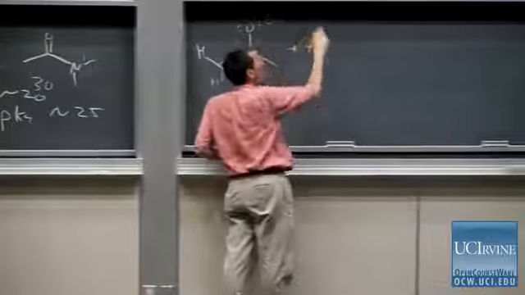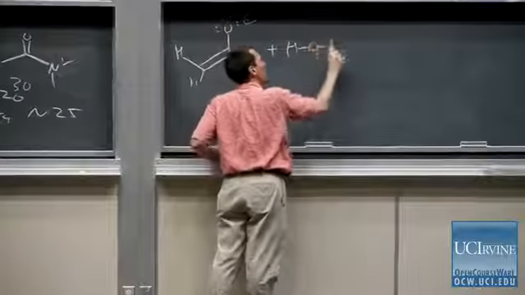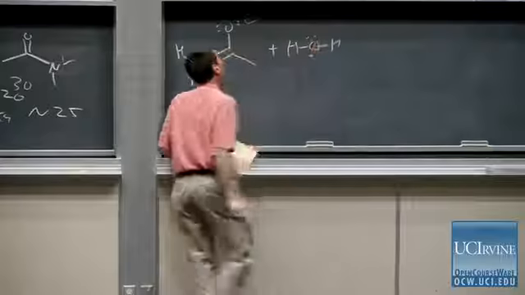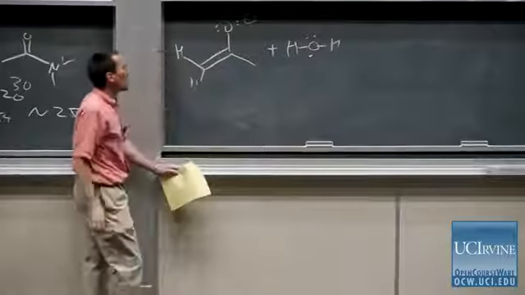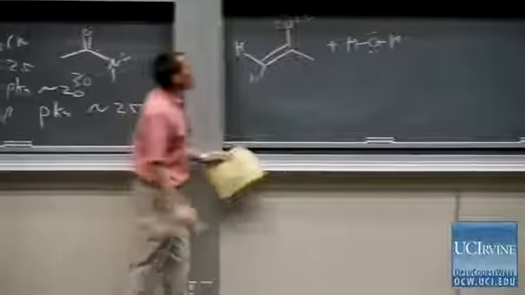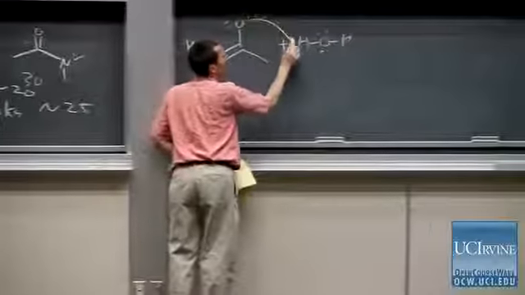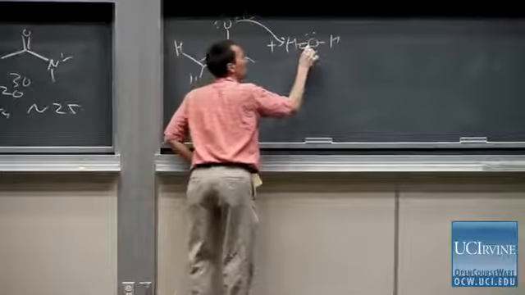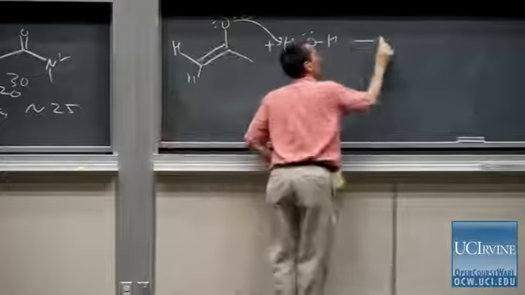If we protonate back on carbon, we're headed back in the same position. We're headed back to the start of the reaction. If you protonate on oxygen, on the other hand, now we've proceeded on to the enol.